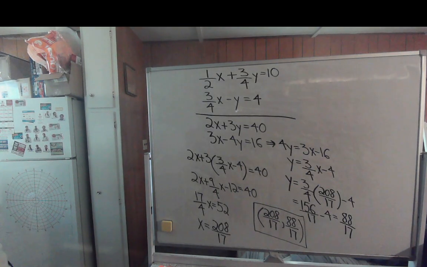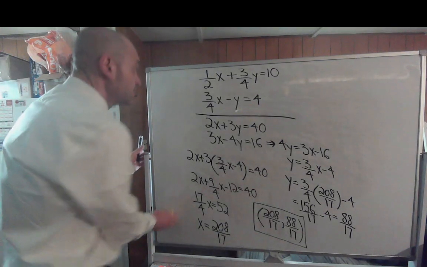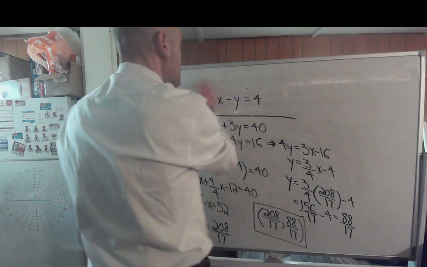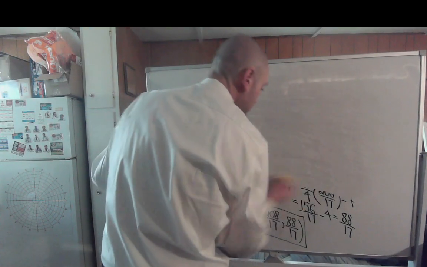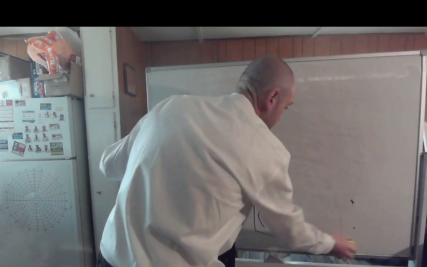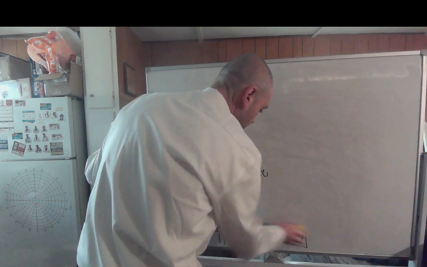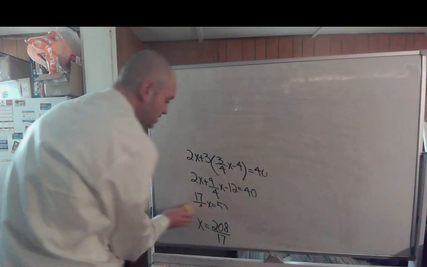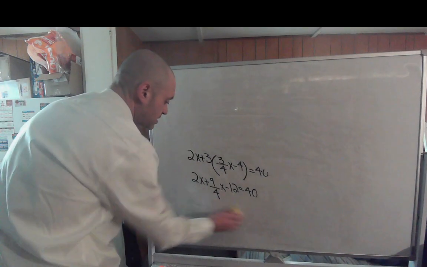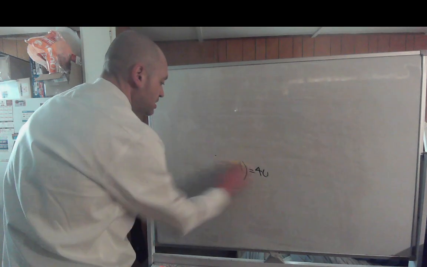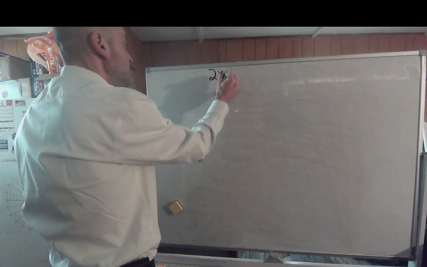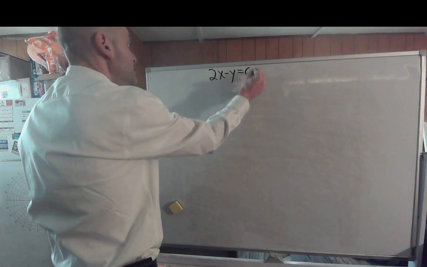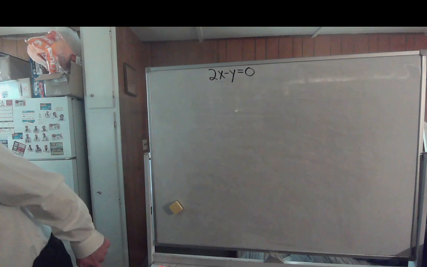So let's go into some nonlinear systems. Let's say I have 2x minus y equals 0, okay?